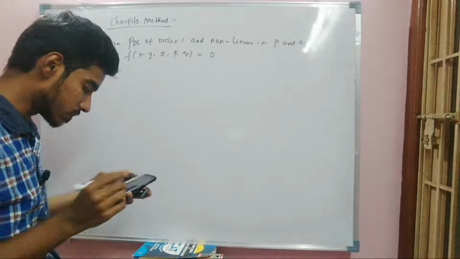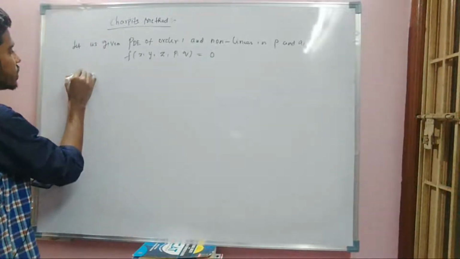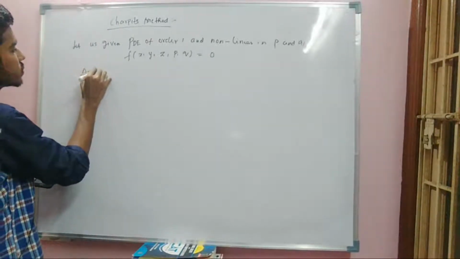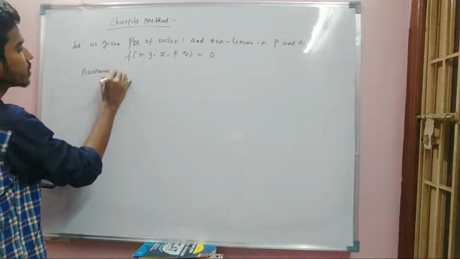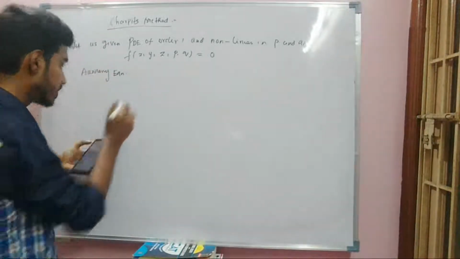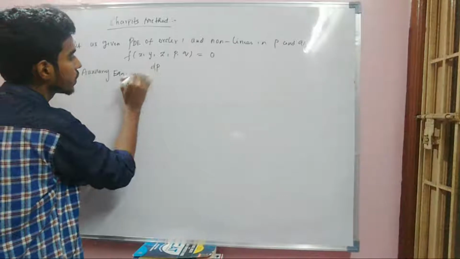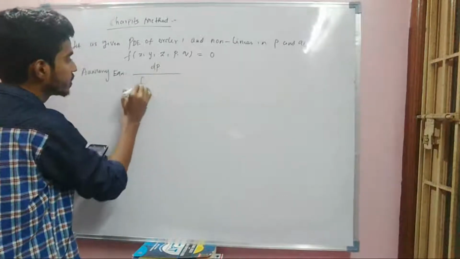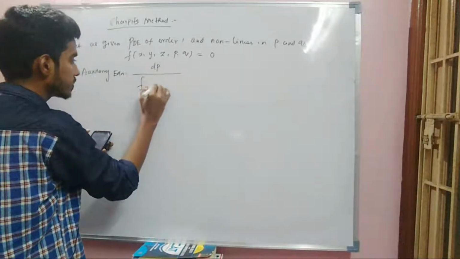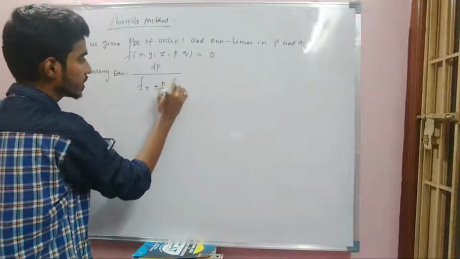I will straight away write the formula. So the auxiliary equation is, it's a very big formula: dp divided by fx plus p into fz.